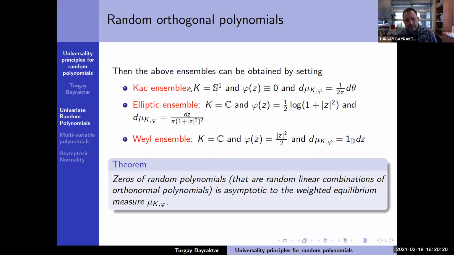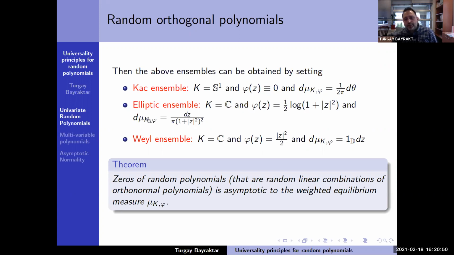For instance, in the first example, the Kac ensemble, your K was just the unit circle. Your weight function was identically 0, and the equilibrium measure was the normalized arc length measure. In the second ensemble, your K was the complex plane, phi was 1/2 log(1 + |z|^2), so that all polynomials are L2 integrable, and this allows that.